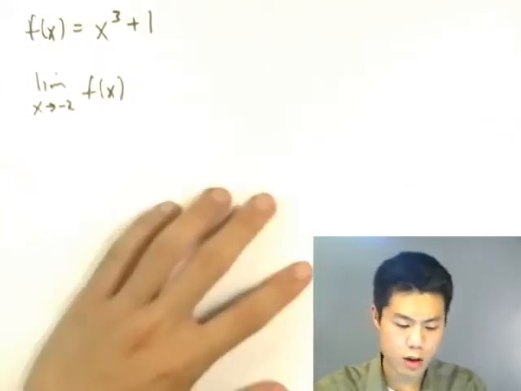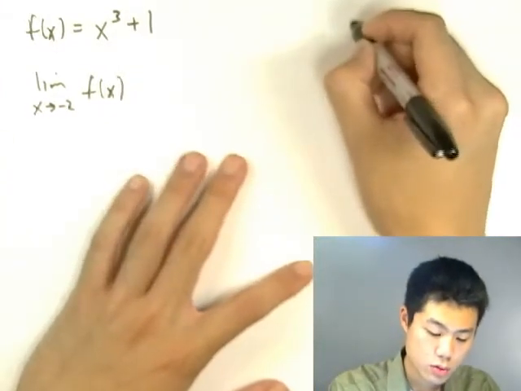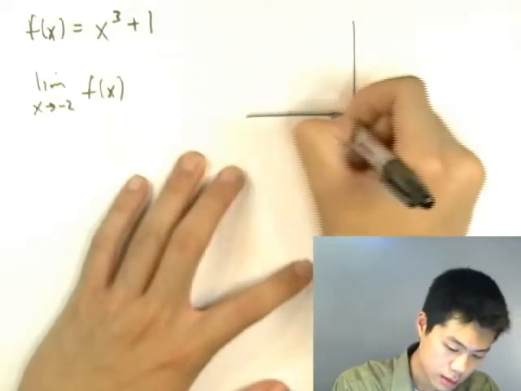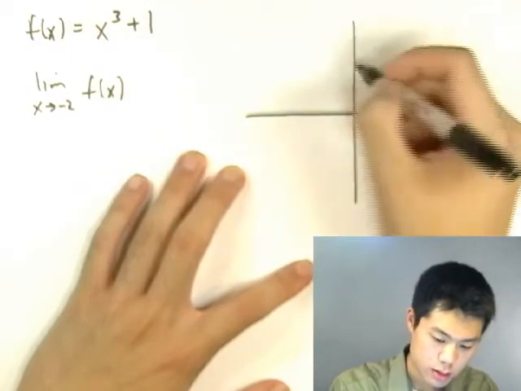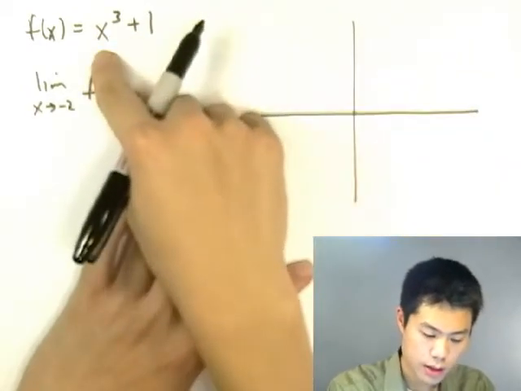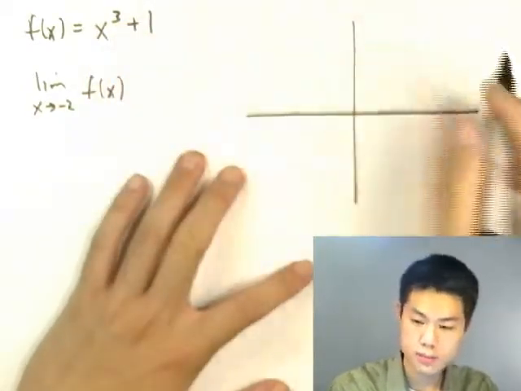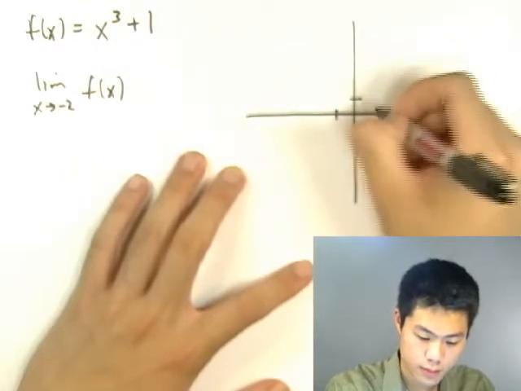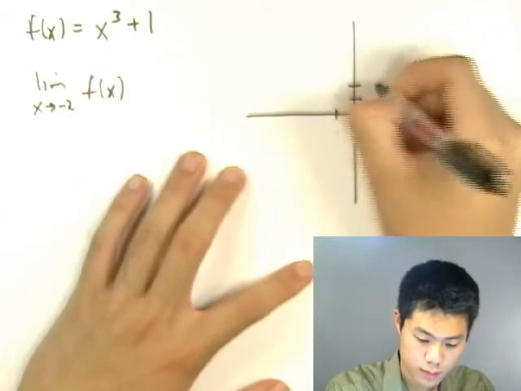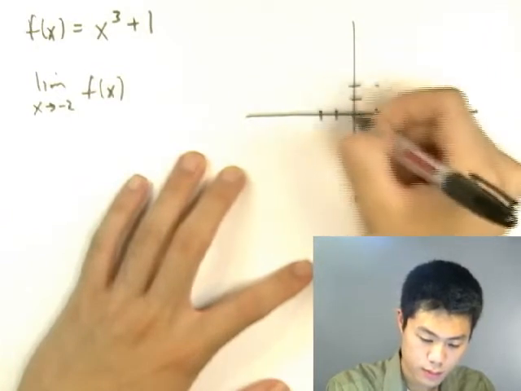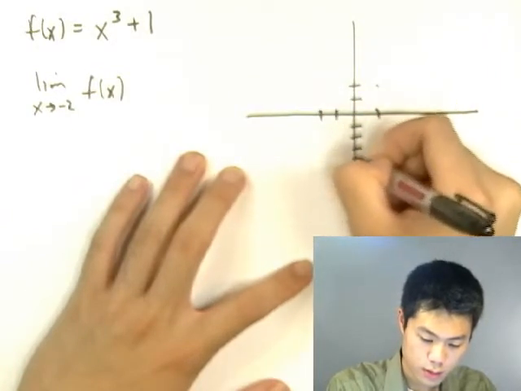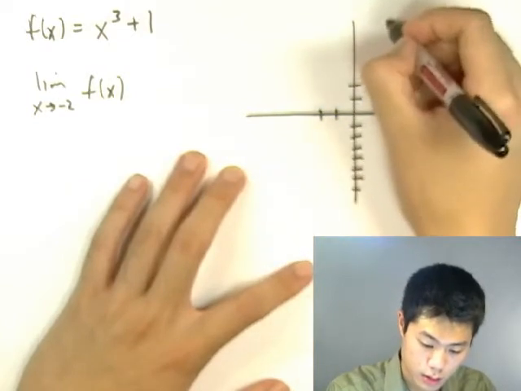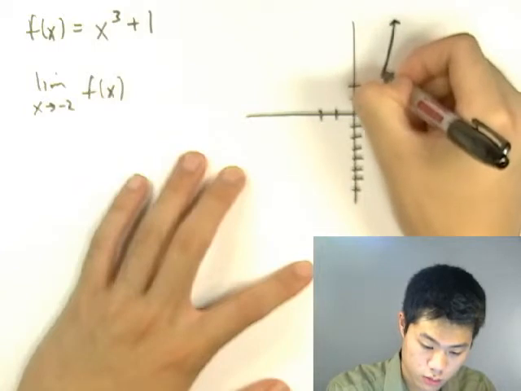So let's draw a graph. If you remember, this is basically x cubed shifted up 1. It's going to look something like this.